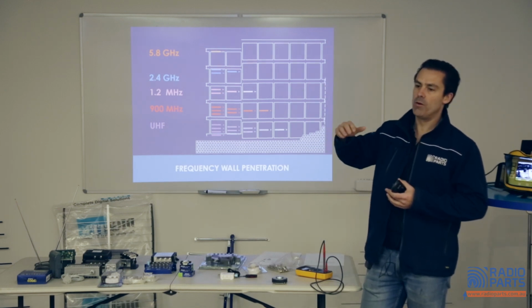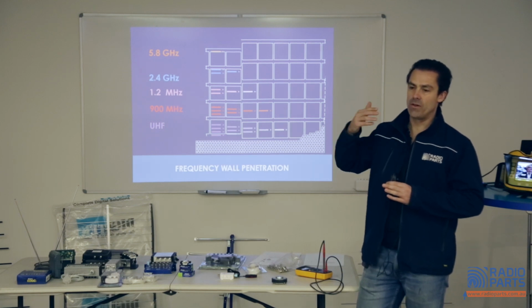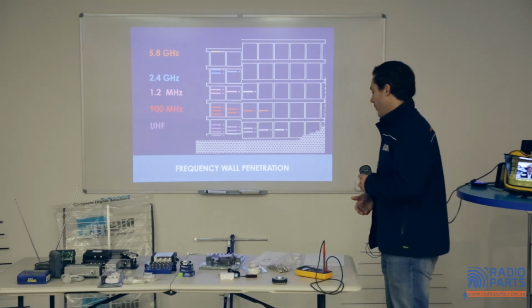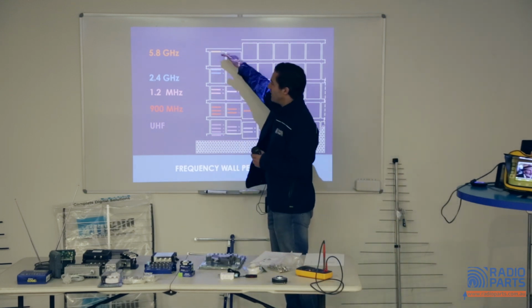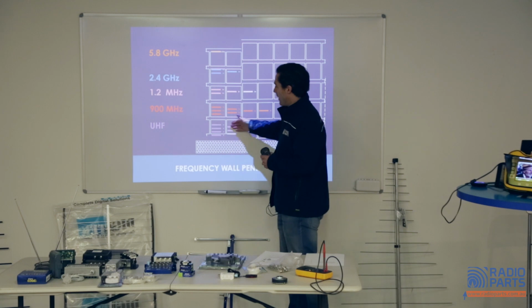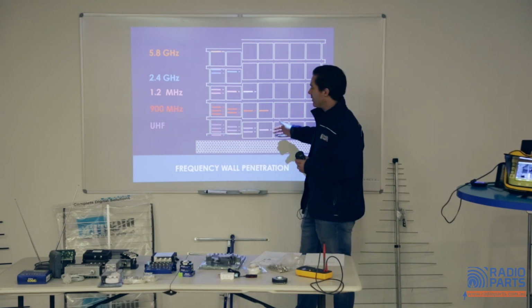And when they bought the lower frequencies, all of a sudden they could send their signals over a larger distance, just because the lower frequencies will travel further. And so as we see here, as you move down into UHF, the ability to, for example, get through walls is extremely good.